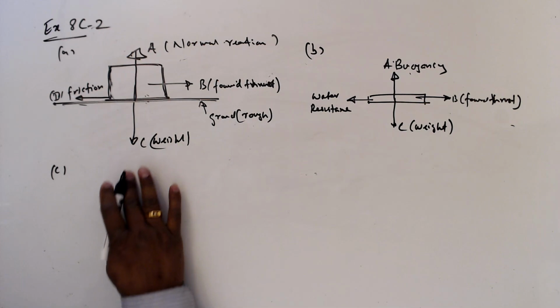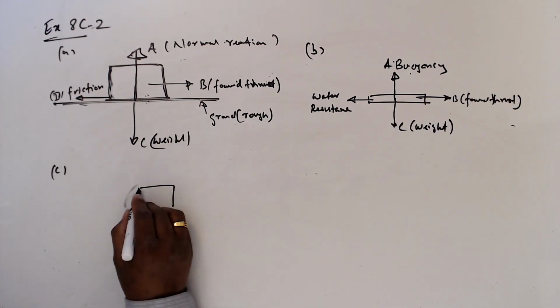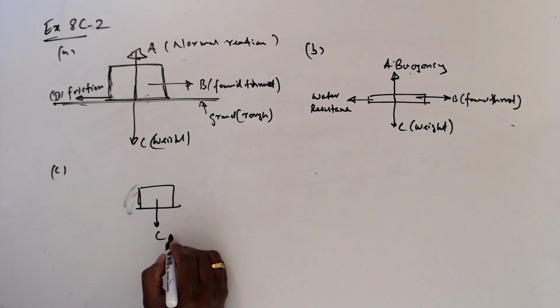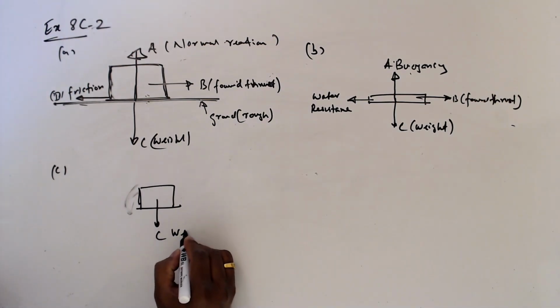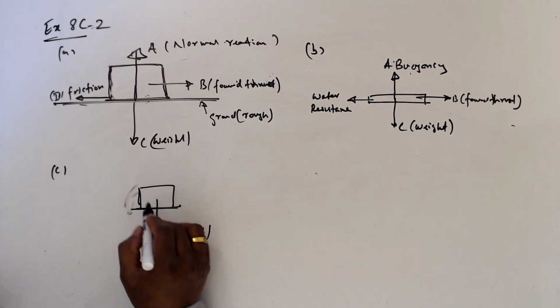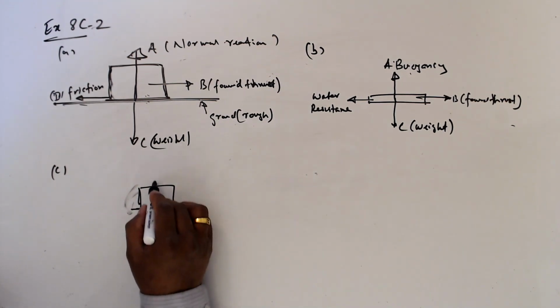Part C is a duck. So it has a weight. So the duck is on the surface, two objects touch together.